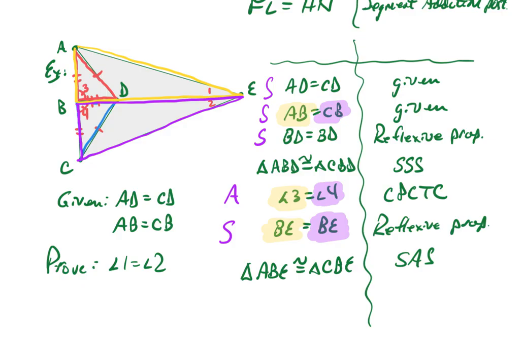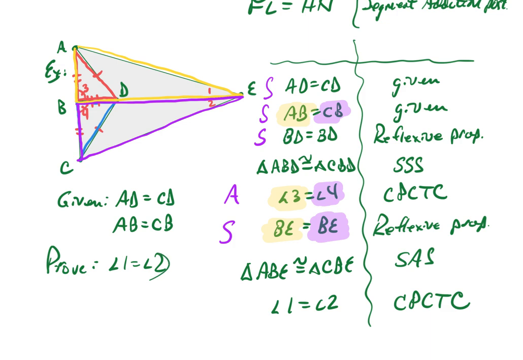And if the yellow and purple are congruent, then any corresponding parts, including angles number 1 and 2, have to be equal to each other, right? Because the triangles are congruent, any other corresponding parts have to be equal.